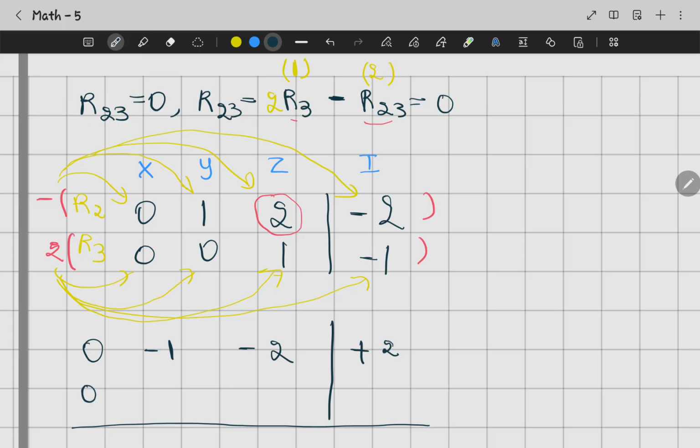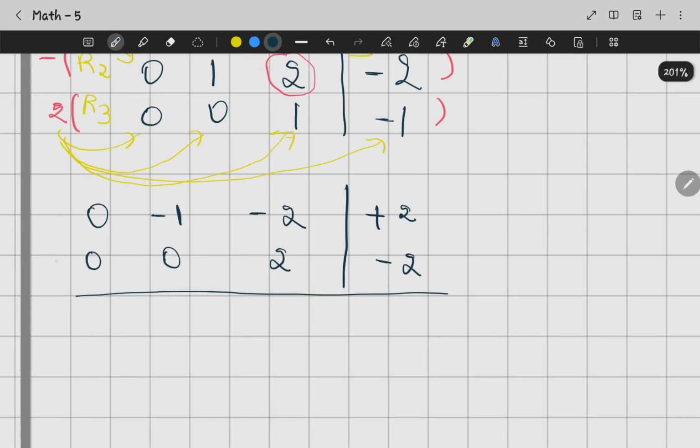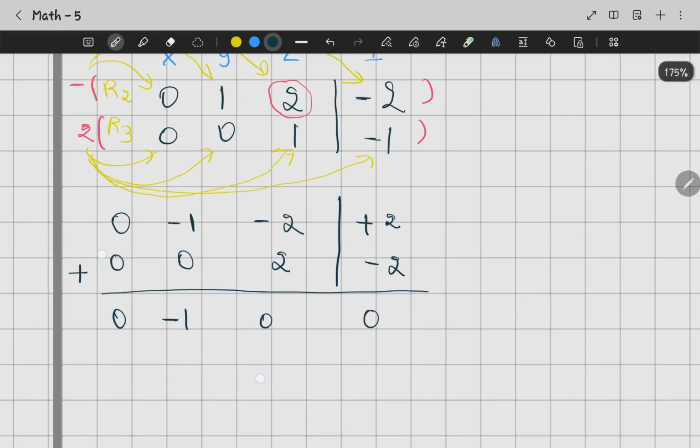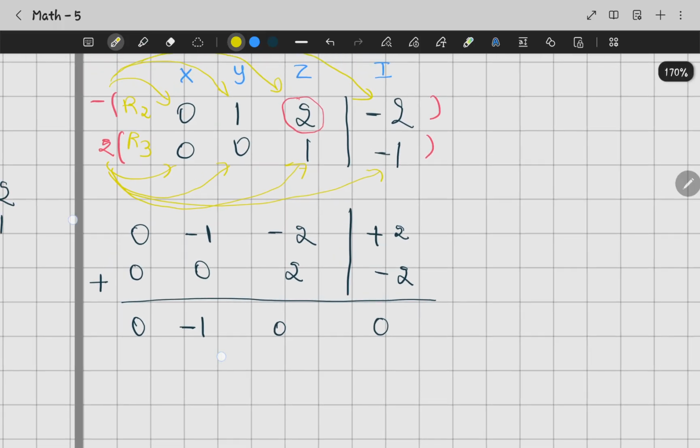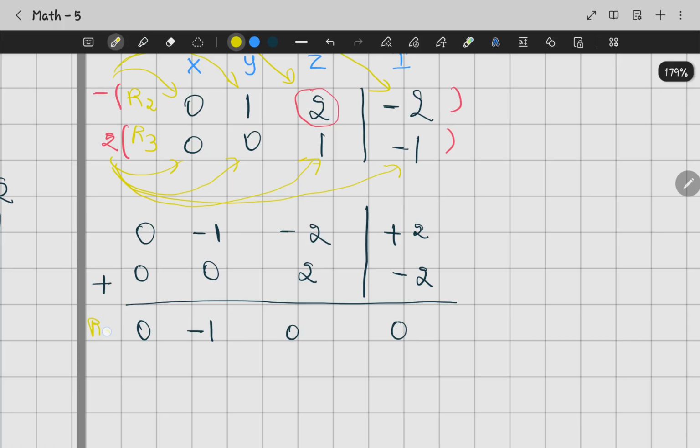So 0, 0, 2, negative 2. If I add them together, it gives me 0, negative 1, 0, and then 0. This is what I'll get in row 2. This is the new row 2 I have.